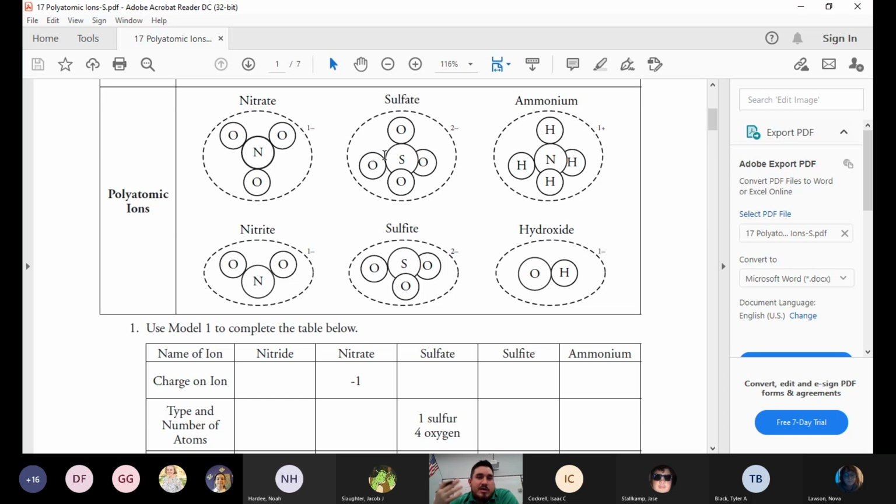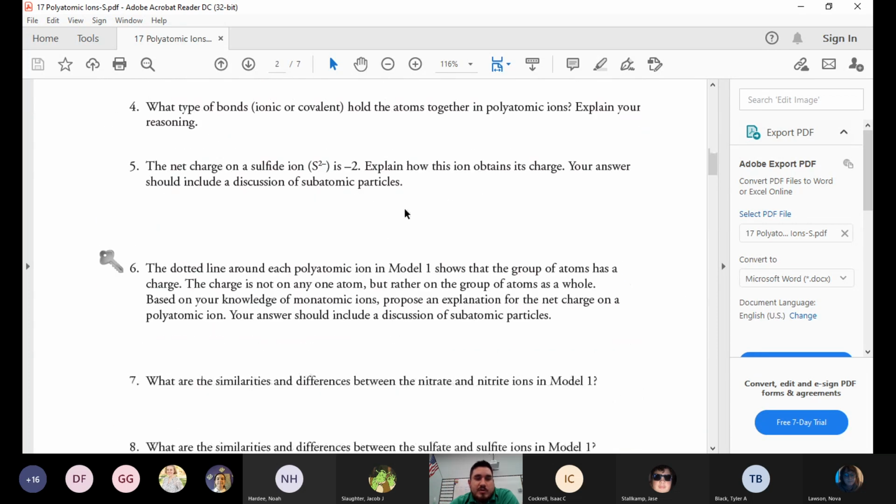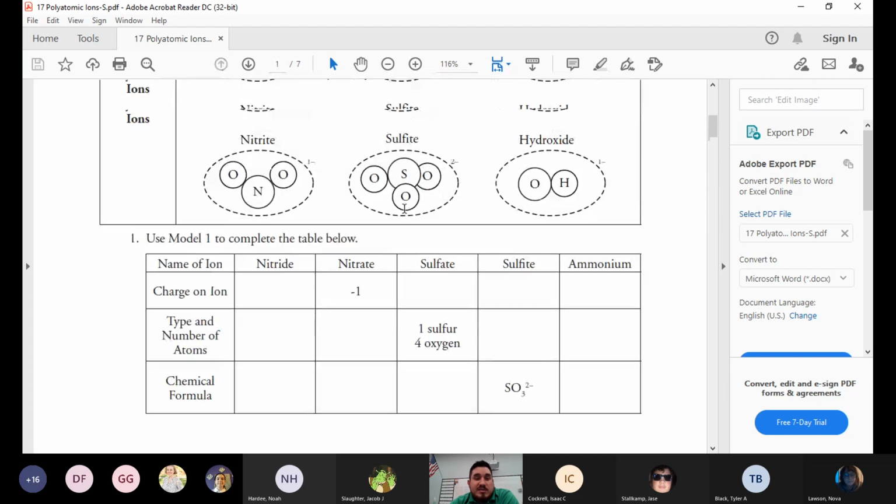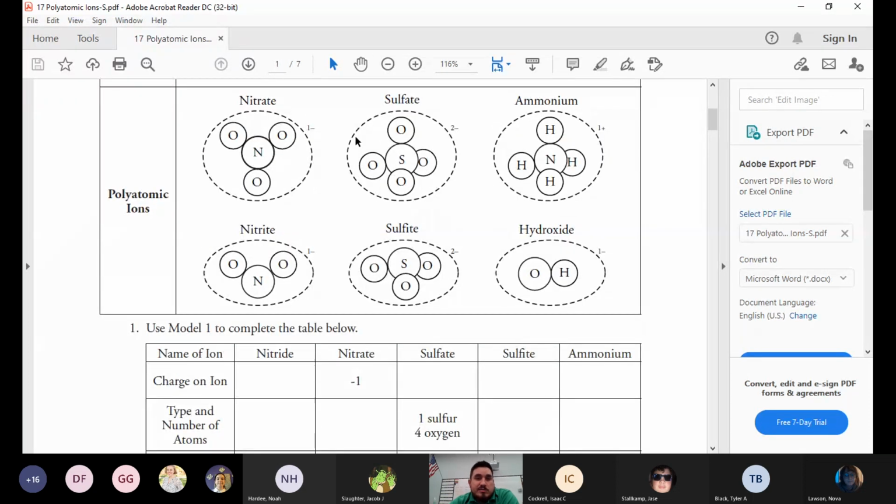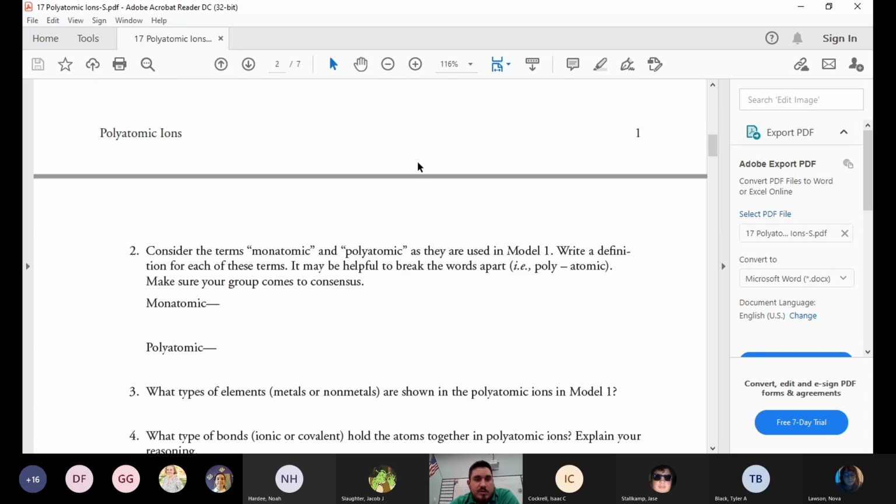So you're going to need to gain more electrons, or lose electrons. That's basically why the entire group is a -2, +2, +1, -1, whatever it is. All of those together add up to a different charge, not a particular atom itself.